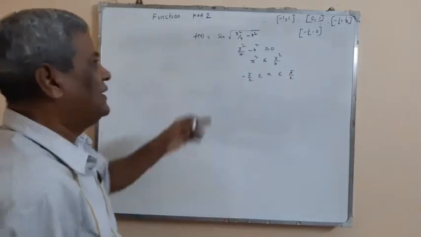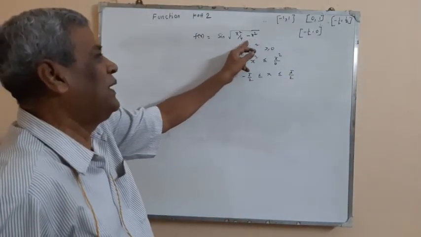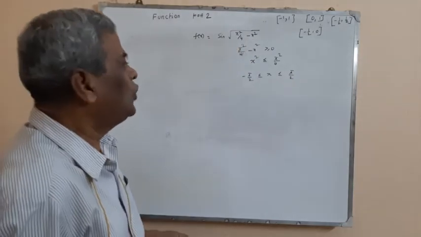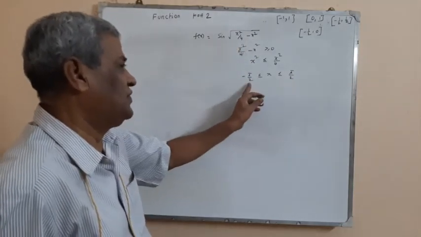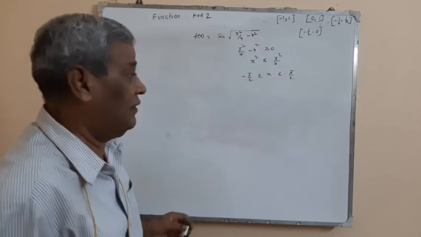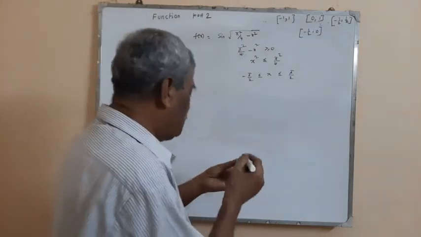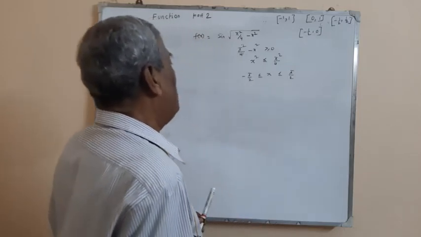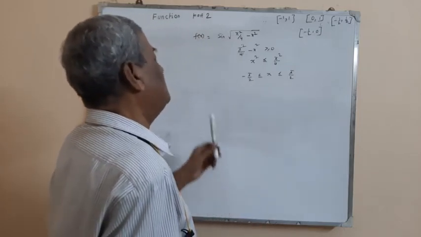Otherwise, the function will be imaginary. So the domain of definition of this function is from this to that. Now, we have to find, within that domain, the maximum and minimum values of the function.